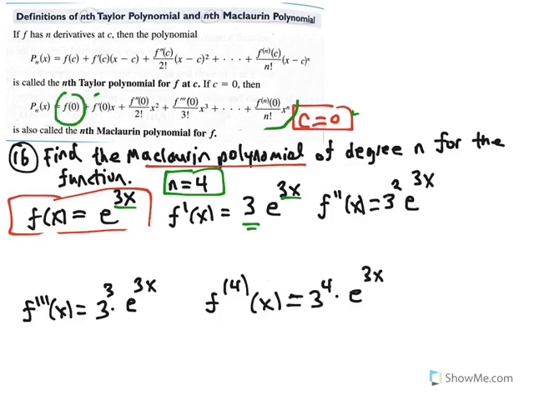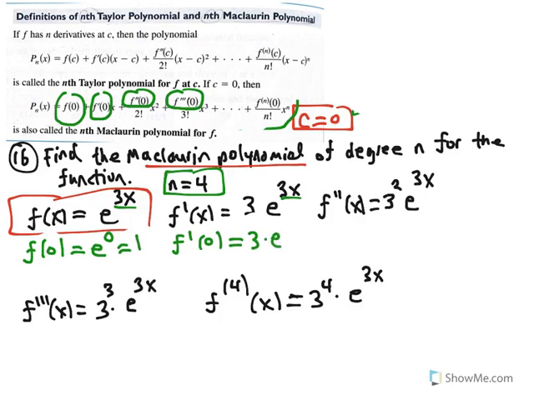So what we must do now is evaluate our function and each of its derivatives at our c value of 0, and then divide by the appropriate factorial expression to form the coefficients in our fourth degree Maclaurin polynomial approximation for f of x. So f of 0 is e to the 0, which is 1. F prime of 0 would be 3 times e to the 3 times 0, which is 3 times e to the 0, 3 times 1, which is 3.